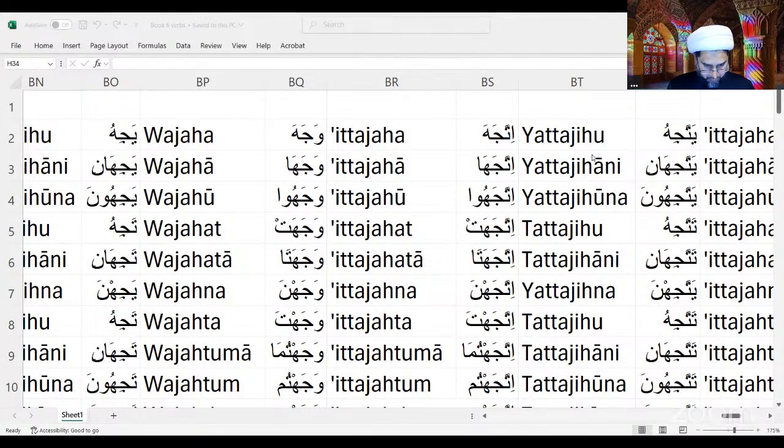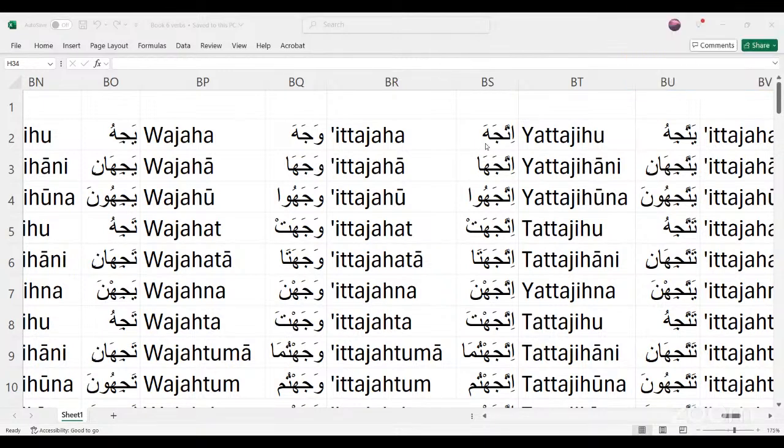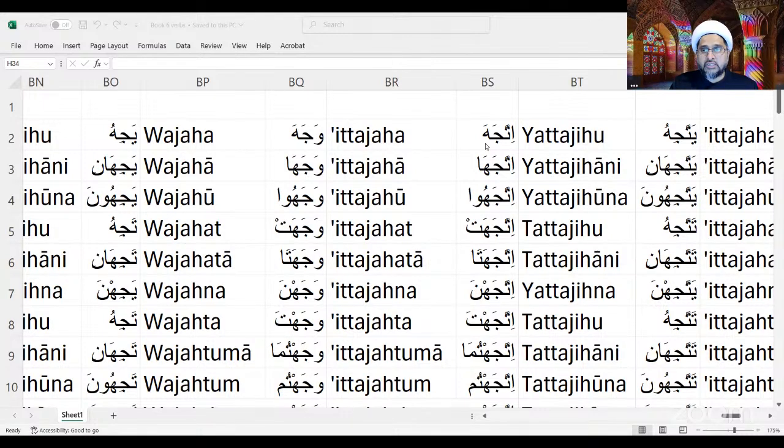And when we say ittajaha, it means to be directed, to head, to turn towards. Ittajih, as a command, means turn towards that direction. Is this clear? Ittajih means that you ask someone to divert to a direction.